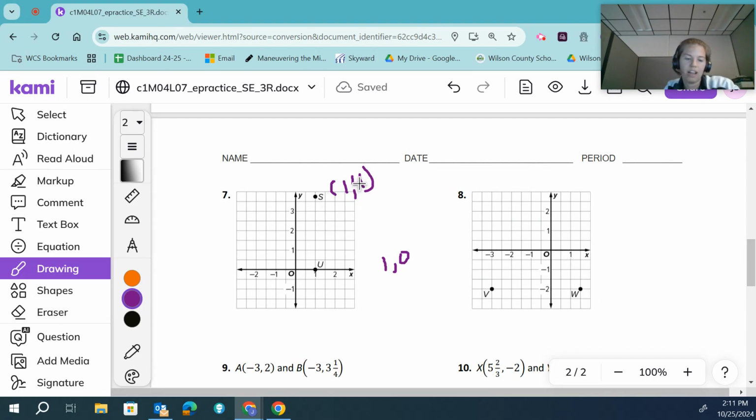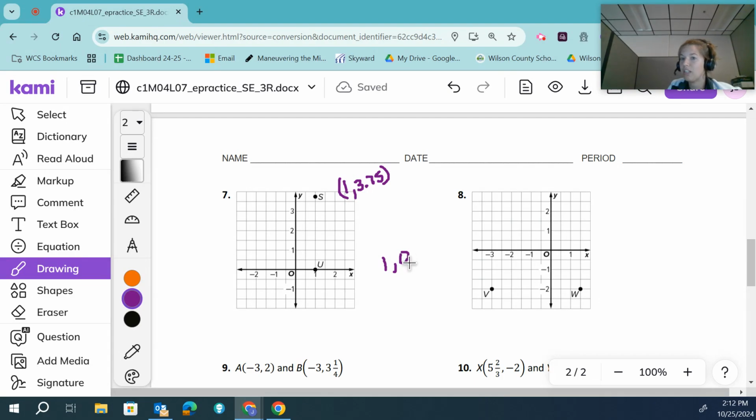It's not on that line. It's not on either line. So this is actually (1, 3.75). Again, the ones are the same. So we're finding the distance between 3.75 and 0.